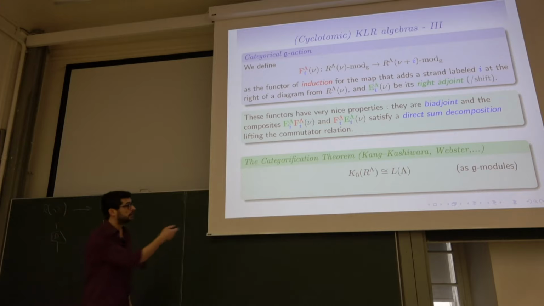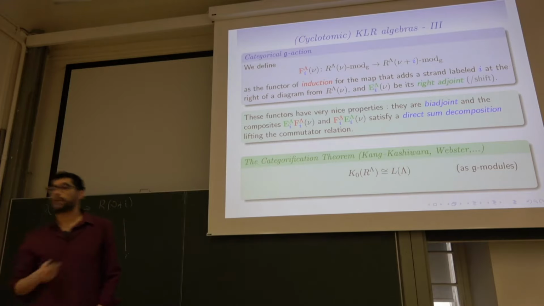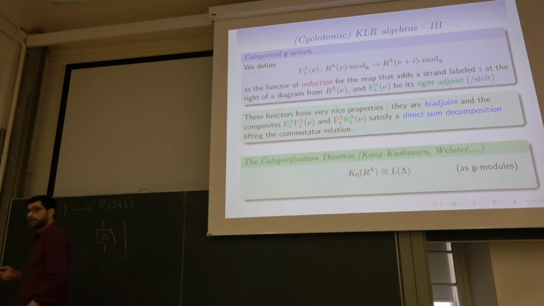Then people ask, what is the decategorification of this algebra with this action? And building on the work of lots of people, like Brundan and Stroppel in the beginning for SL2 of some fixed level, Brundan and Kleshchev in type A, Lauda and Vazirani in type A, Kang, Kashiwara, and Oh proved for all symmetrizable types that the Grothendieck group of this category with the action just defined is isomorphic to the integrable irreducible representation.